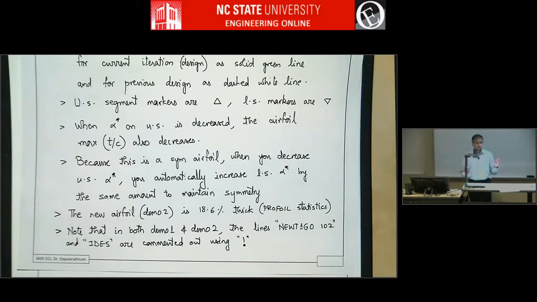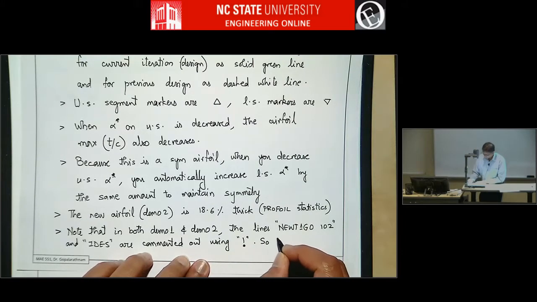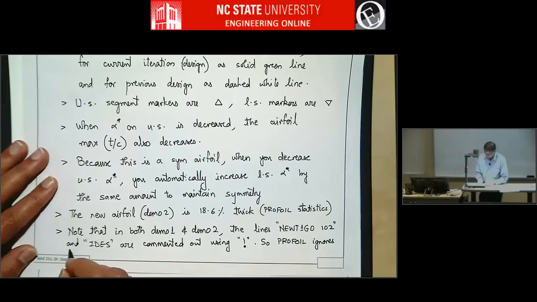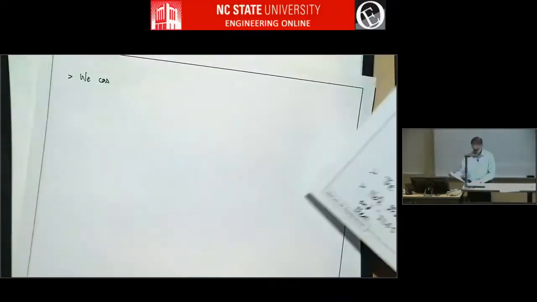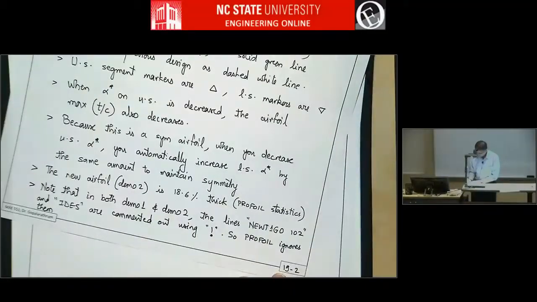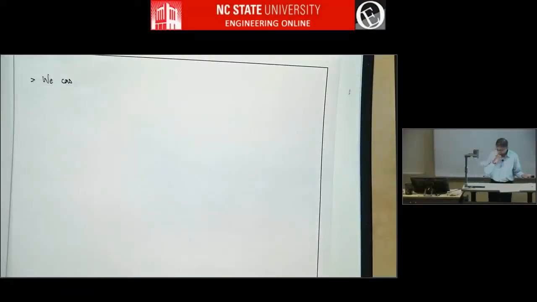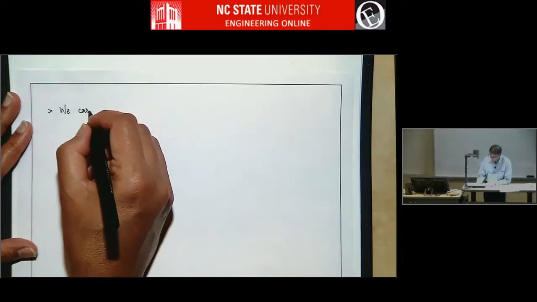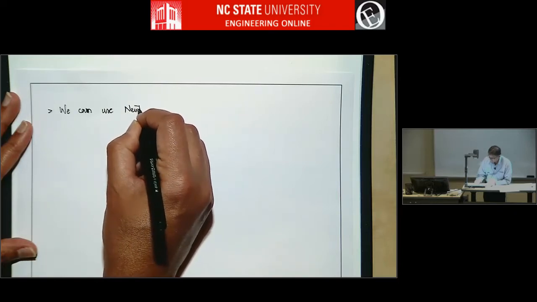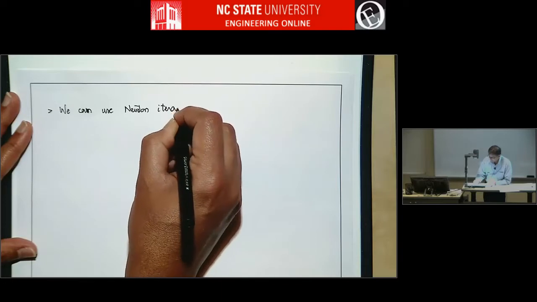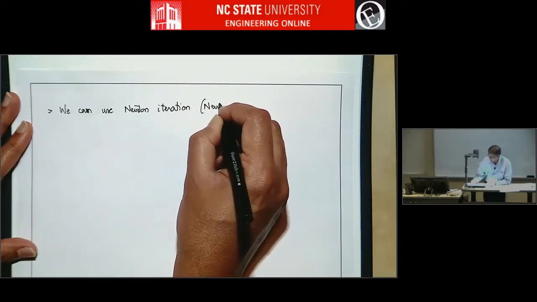These 2 files have these lines, but they're commented out. So Profile ignores them. Newton iteration, which is pretty much the same as Newton-Raphson.